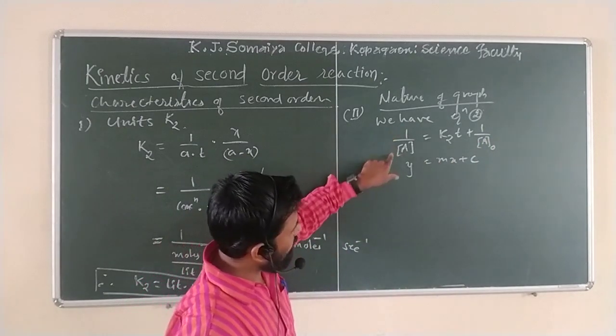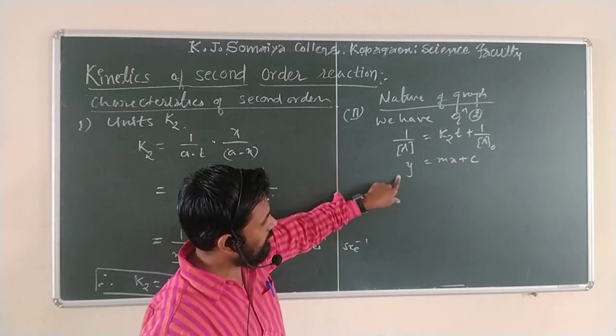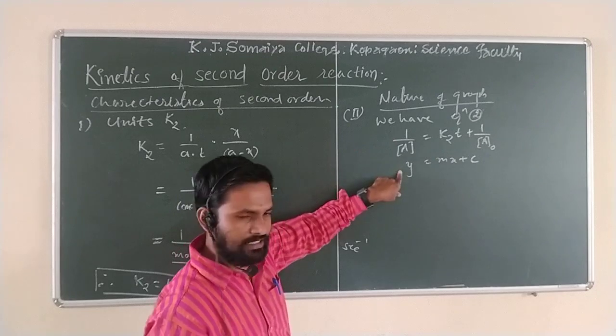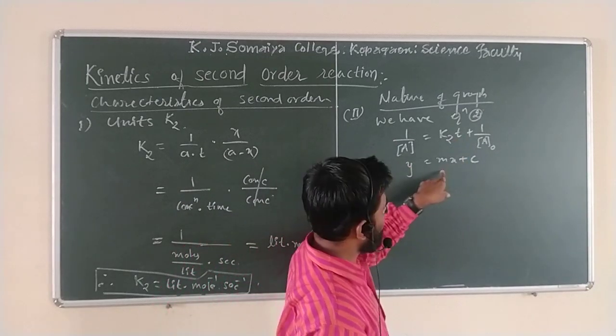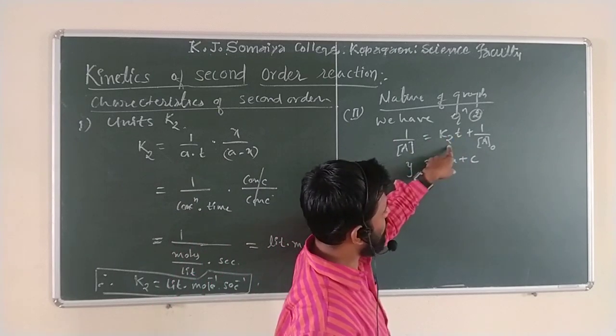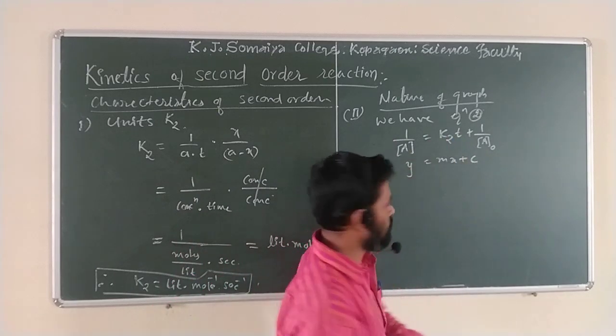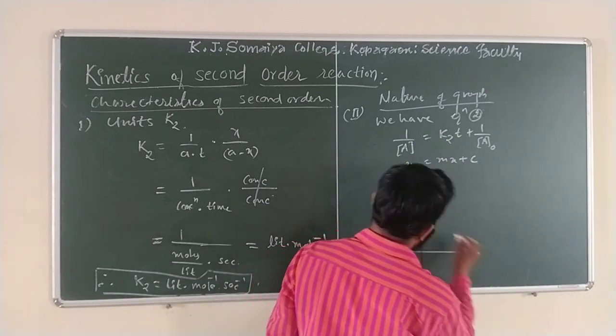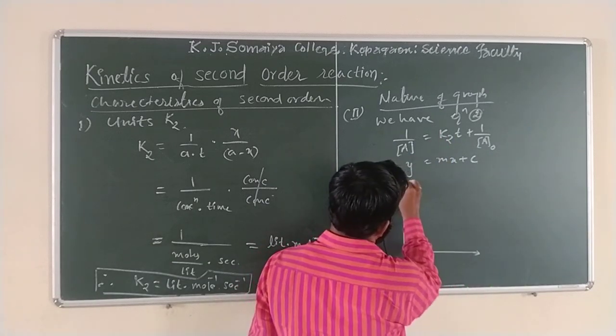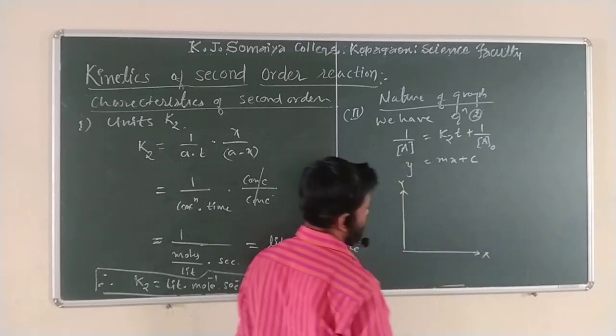What we have to do is plot 1 upon A on the y-axis and time on the x-axis, where m is the slope, which is nothing but K2, and c is the y-intercept. It can be represented like this. This is the y-axis, this is the x-axis. What is x?